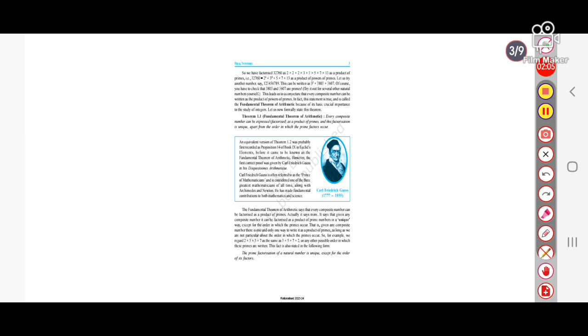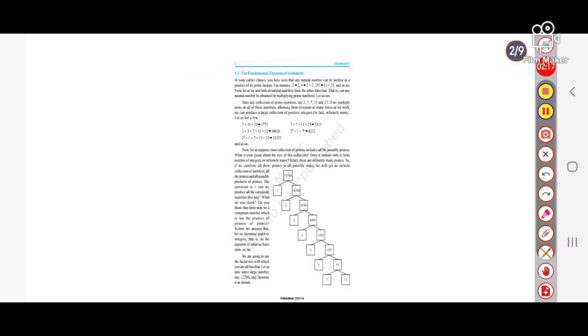The primes can be multiplied in any order to get the desired composite number as the output value. As I told you before, 2 into 3 into 7 into 11 into 23 is a set of prime numbers that has been multiplied, and the result we get is 10,626.